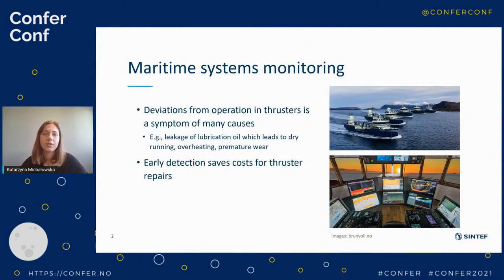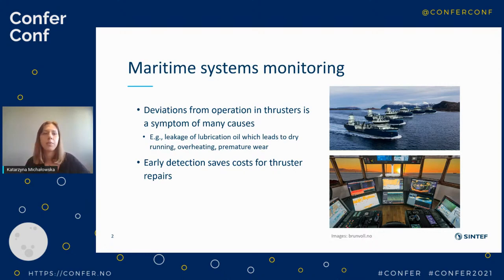The problem that we tried to address was monitoring of maritime systems. These systems, like any types of machinery, sometimes encounter problems, which can lead to costly consequences. For instance, leakage of lubrication oil in the thrusters, the machinery which allows the vessel to speed up and to make turns, leads to overheating, premature wear of this equipment, and then results in the need of replacement of the thrusters.